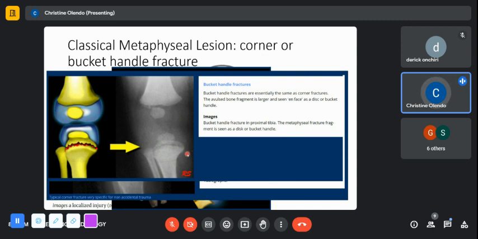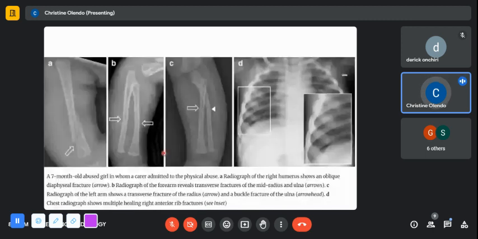A 7-month-old abused girl in whom the carer admitted to physical abuse. Here you have a right humerus showing an oblique diaphyseal fracture, and then in 4B it shows a transverse fracture, mostly seen in the mid radius and ulna.